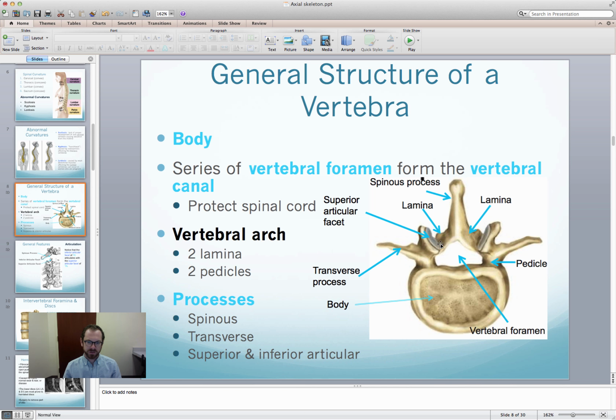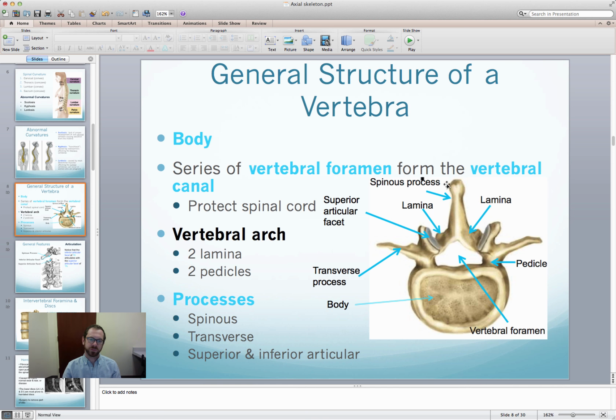Your vertebral arch is indicated here, and this is made up by two pedicles. I'm indicating one here, but there's also one here, and two lamina, and the four of these structures together form this vertebral arch here. And then you also have processes, and recall that processes are just projections from a bone.